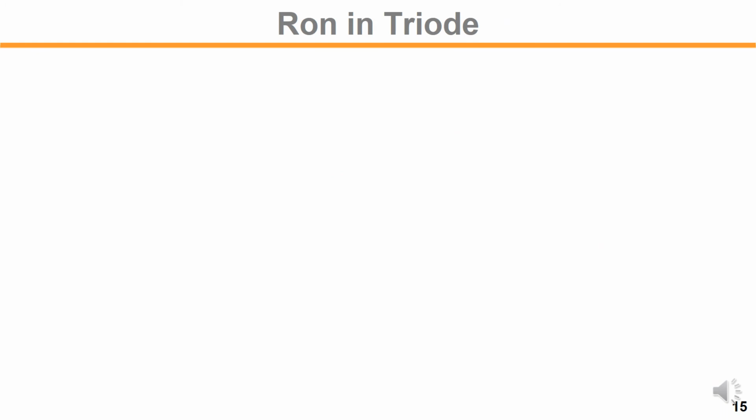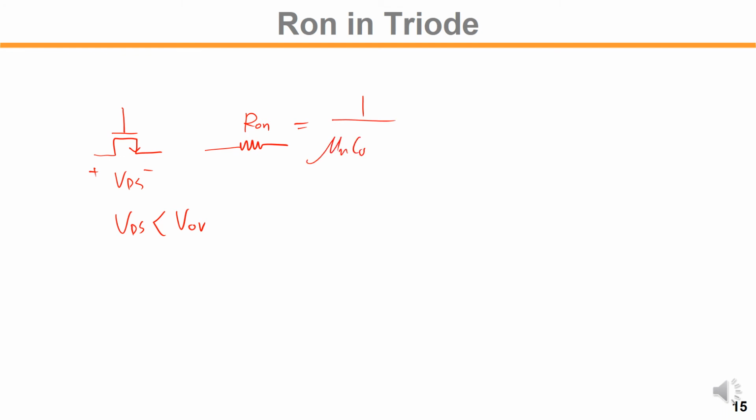If we want to use our device in the triode region, then we make it a switch, with a finite on resistance, and VDS must be less than the overdrive voltage, right? As you can see from the MOS device, R-on is defined by 1 over mu n Cox W over L V overdrive.